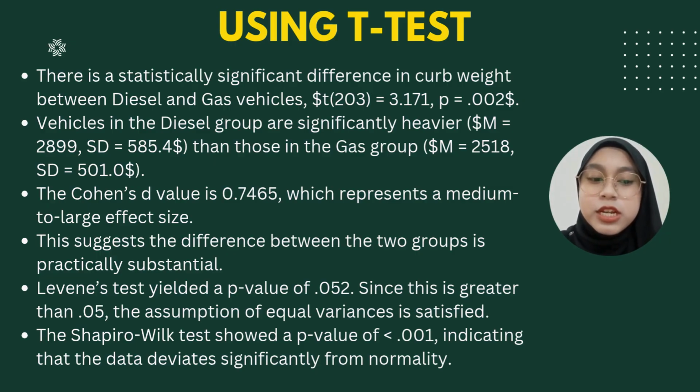The diesel group has a significantly higher mean weight of 2899 units compared to the gas group, which recorded a mean of 2518 units.